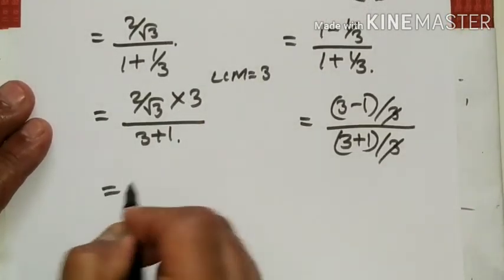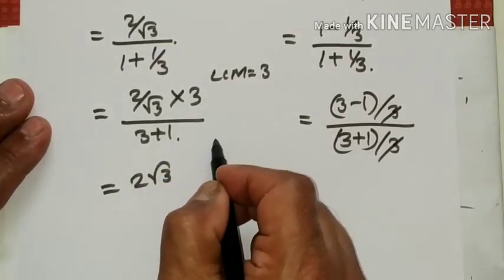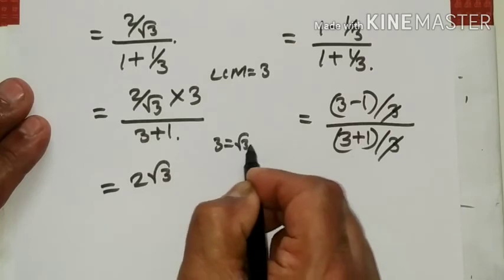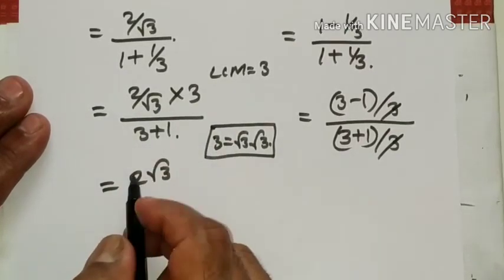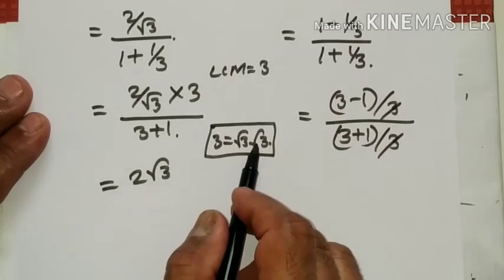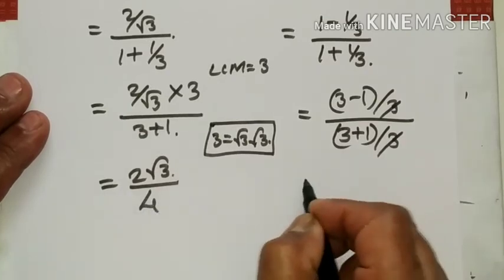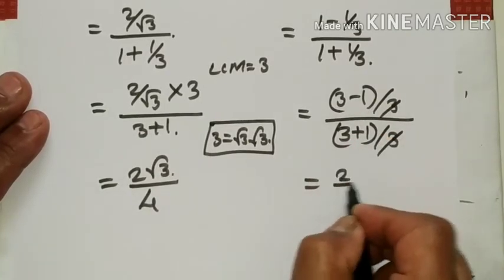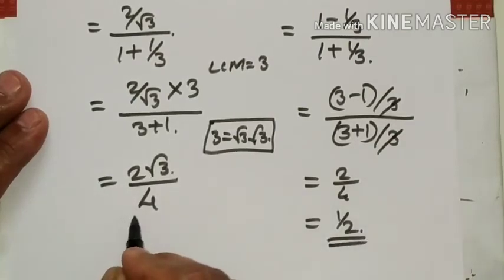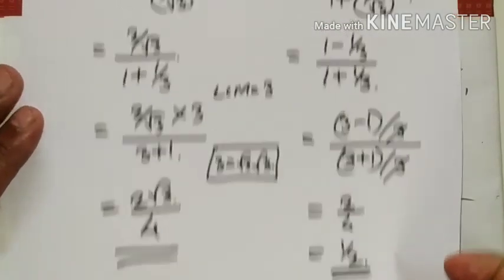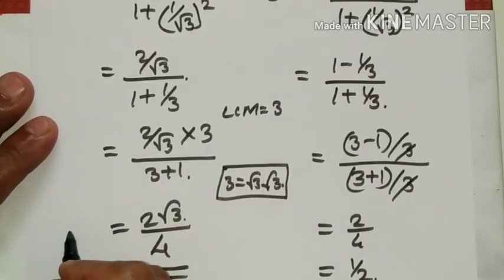Then 2 root 3, 3 split into 2 parts, root 3 root 3. Therefore root 3 get cancelled. Then remaining term is 1 root 3. So 2 root 3 divided by 4 is equals to 2 divided by 4 is equals to 1 upon 2 are the values of sin a and cos a.